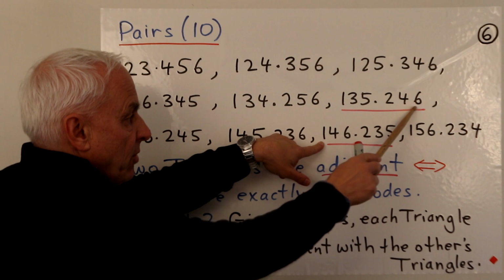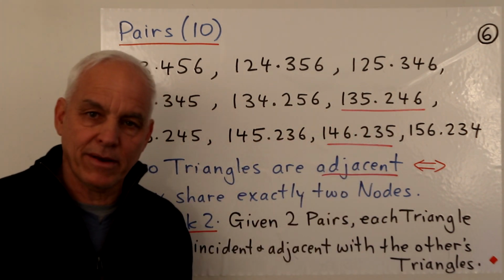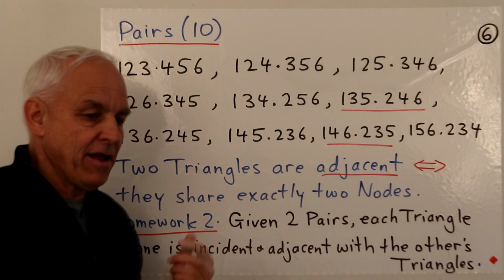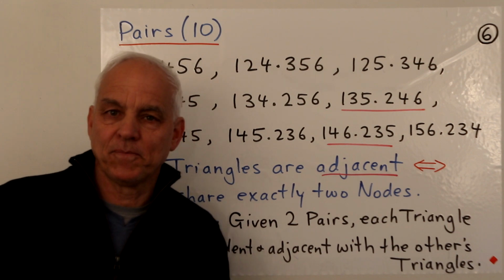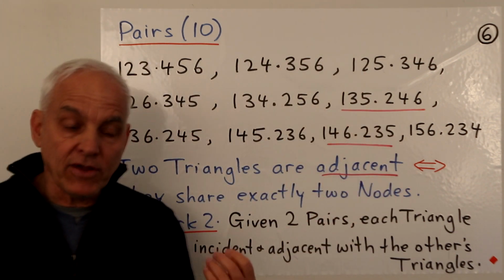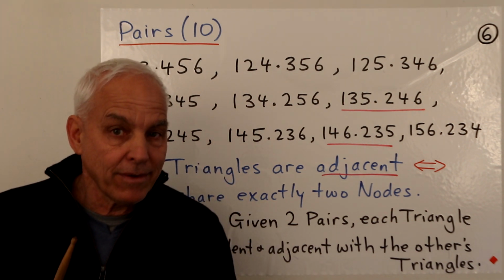And its relation with this triangle is that it's adjacent. It has exactly two nodes in common. And what I'm claiming is that that happens no matter which pair you take and no matter which triangles you look at. So the collection of pairs is somehow more symmetric than the collection of triangles.